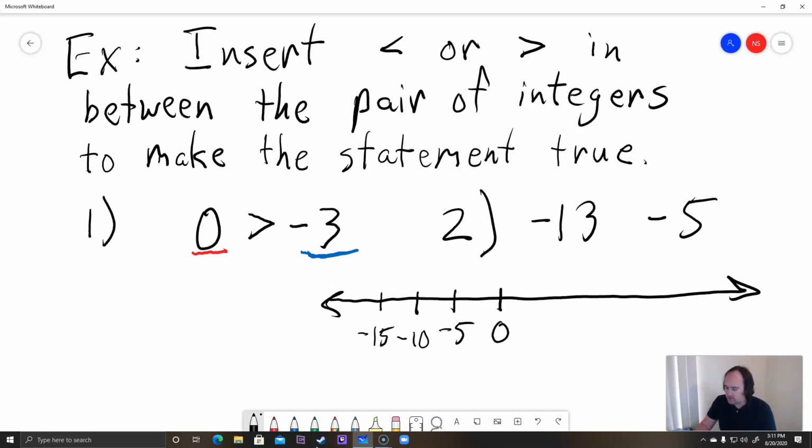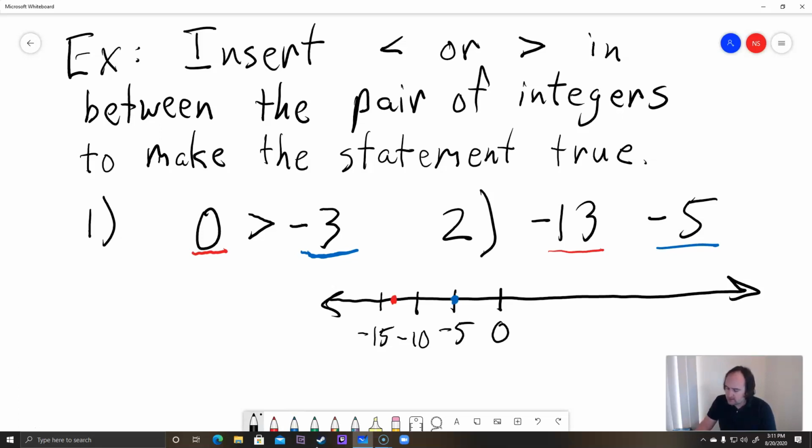And then most people know that -13 is actually between -10 and -15. So when I do -13, that will be somewhere around here. So there's -13. And then -5, we can see, is actually to the right of -13. So -5 is over here, and I'm doing that in blue.